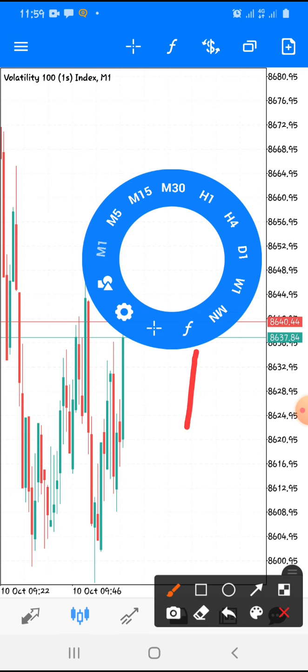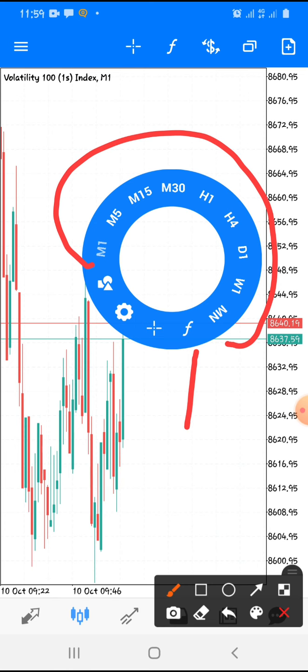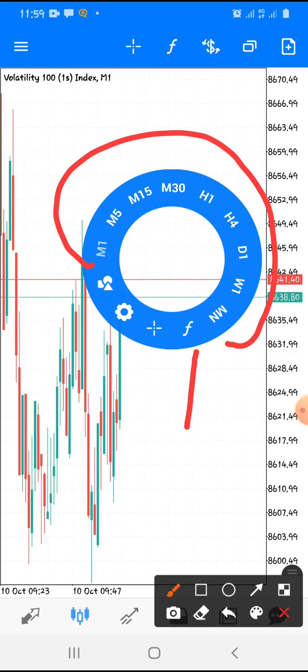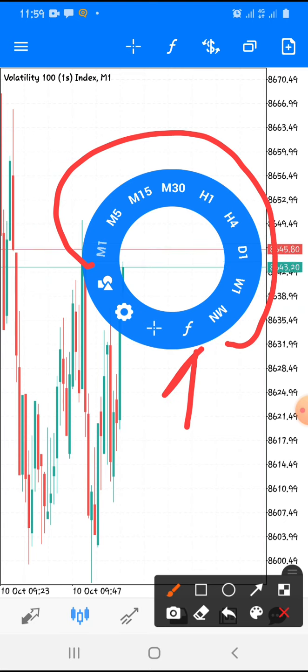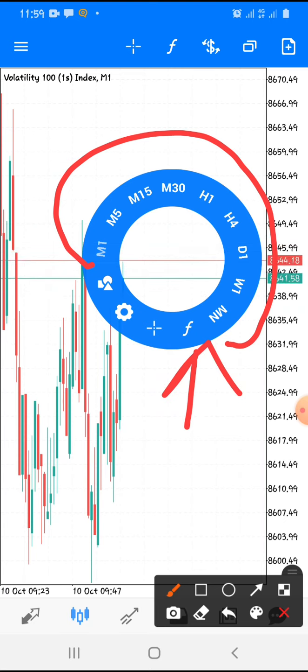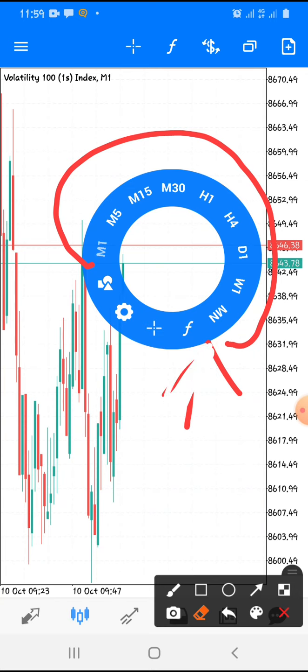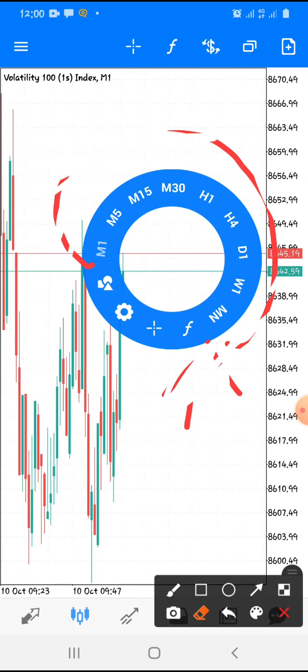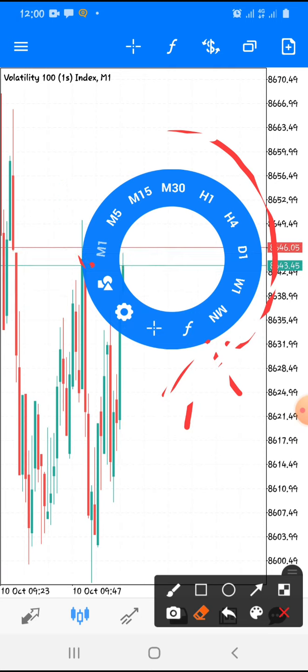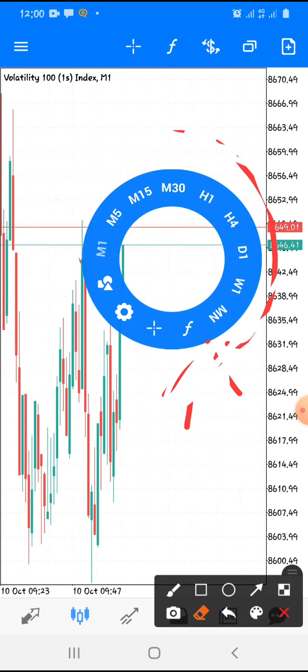This is the frequency from here up to here. These are time frames, you see. Then if you want the indicators, you will only find them at the frequency icon. You see, that's where you'll find the indicators.